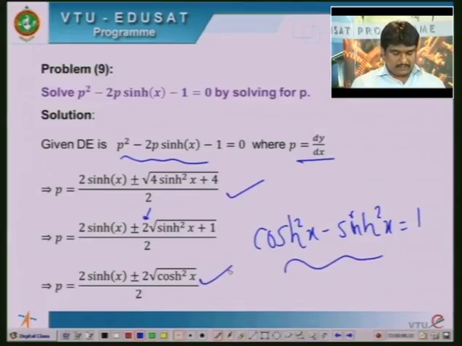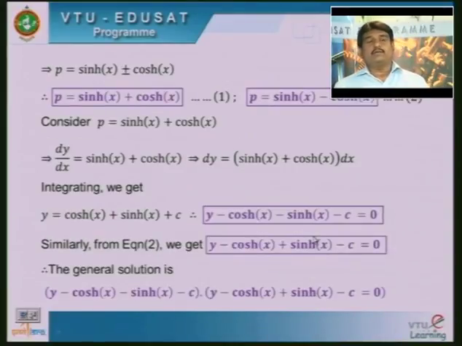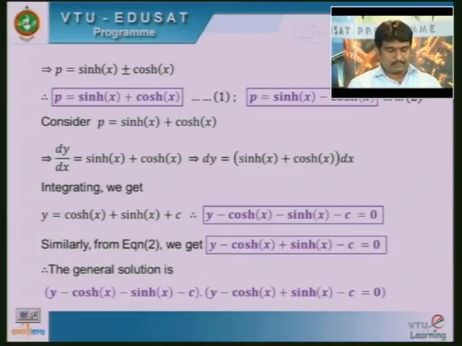You simplify this to get p as sine hyperbolic x plus or minus cos hyperbolic x. So the two possibilities are p equals to sine hyperbolic x plus cos hyperbolic x, and p equals to sine hyperbolic x minus cos hyperbolic x.